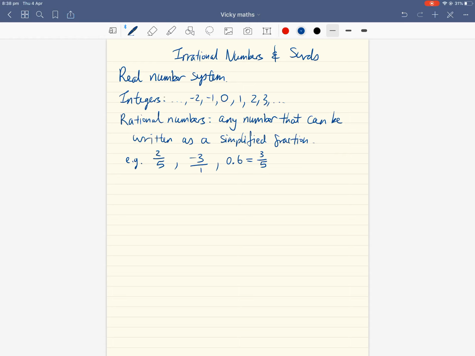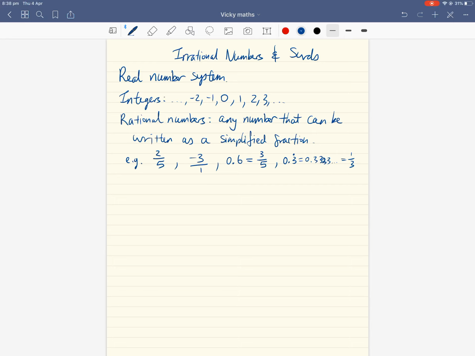It's a simplified fraction. And even recurring decimals like 0.3333333 forever, that's actually written as 1/3. So that 0.3 recurring is also a rational number.